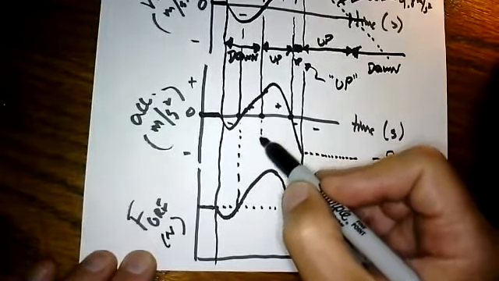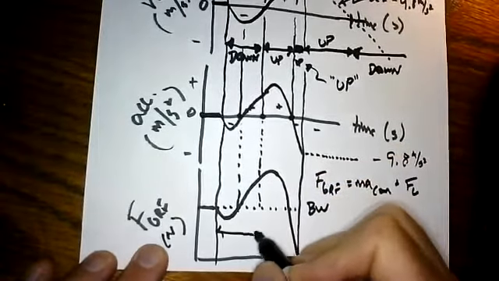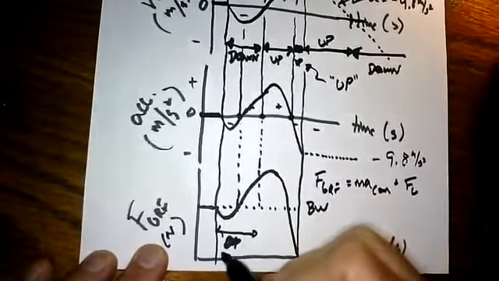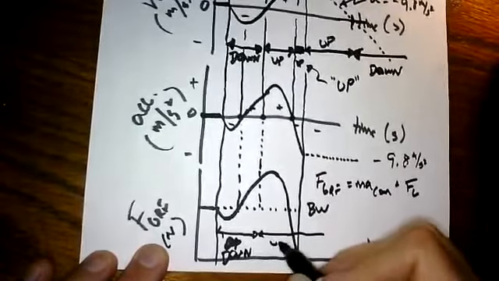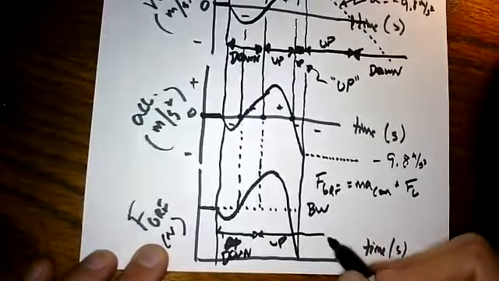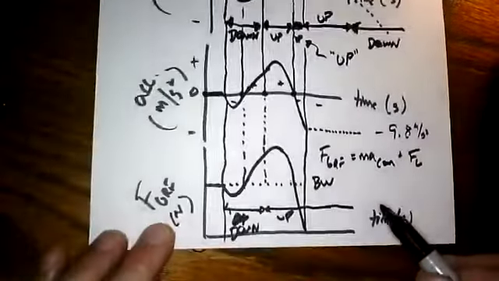But remember, this is all upward movement. Oh, wow, all downward movement. And this is all upward movement. Okay, even all the way over the way I've drawn it to about here, where velocity passes through zero.